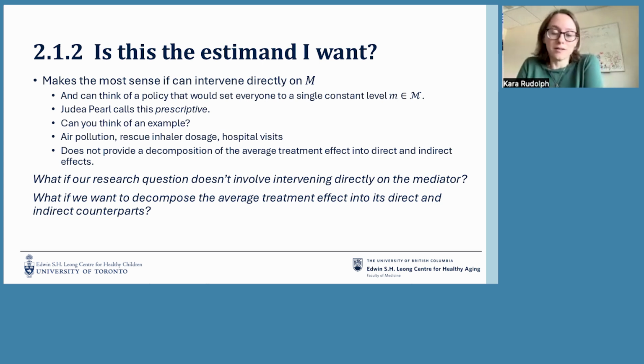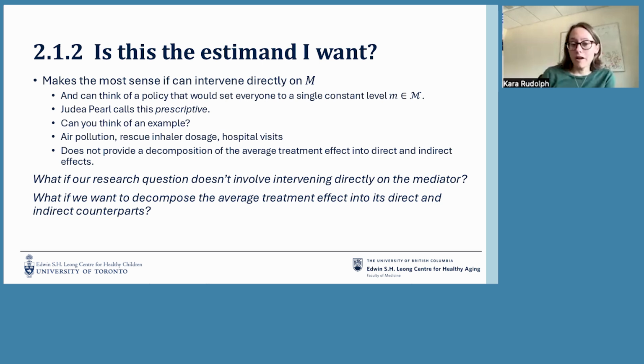And then you could look at hospital visits, for example. A negative about this type of mediation estimand is that it doesn't actually provide a decomposition of the average treatment effect, or this total effect of A on Y, into a direct component and an indirect component. We're only estimating the direct component.